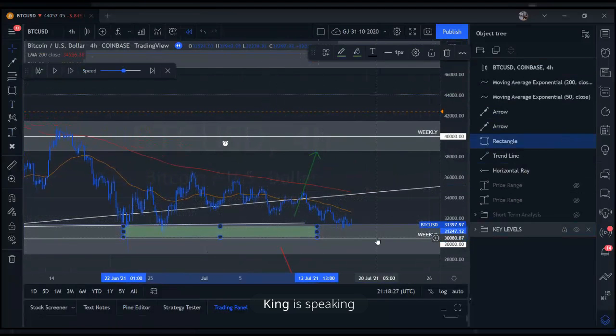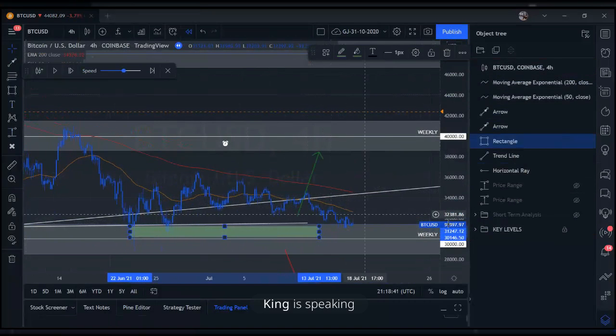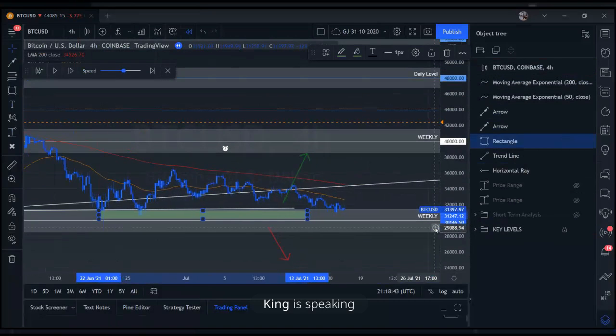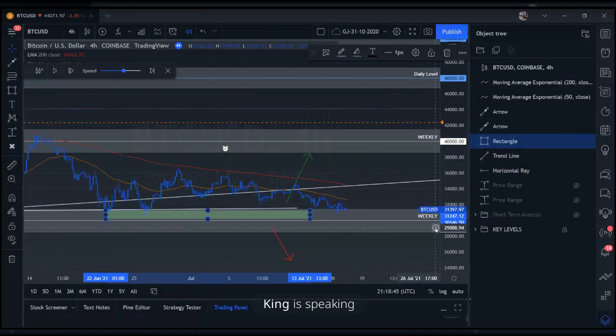Are we gonna break it? Are we gonna start looking to break this 50 EMA, get back above this trend line, 200 EMA? Looking for the signs that a possible major swing could happen, or are we going to break the lows and continue bearishness?